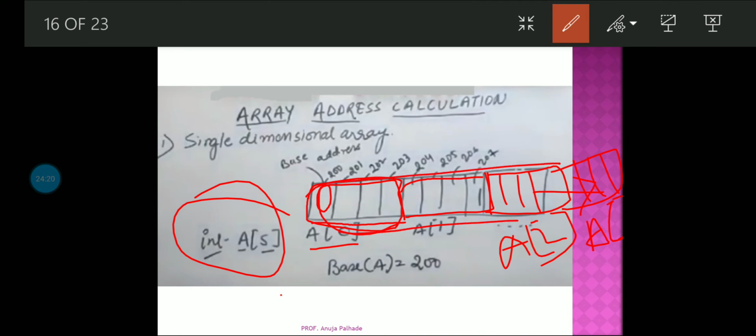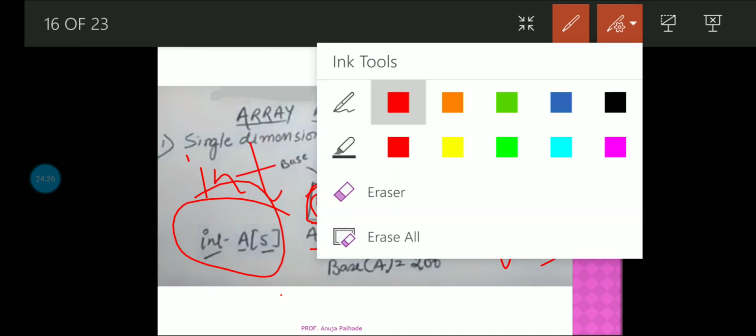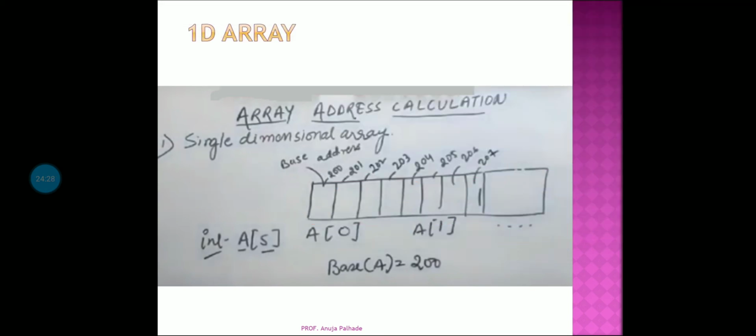Likewise, every cell of your array has 4 bytes, meaning integer.